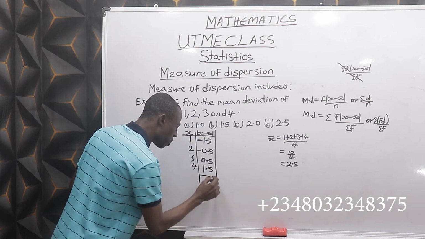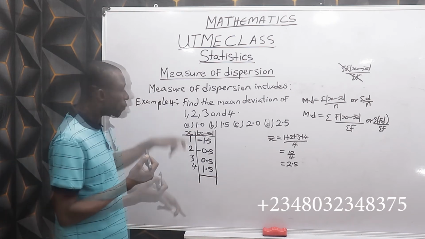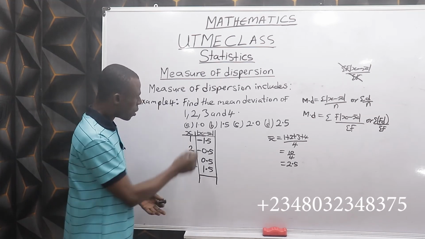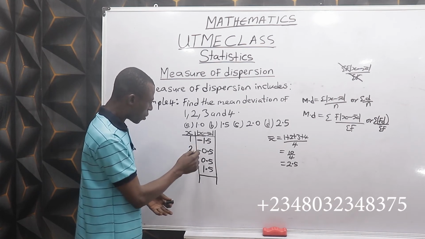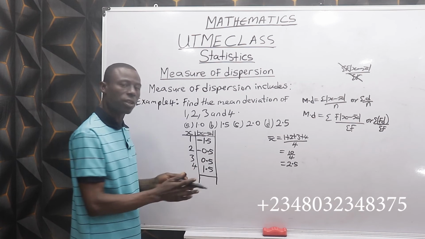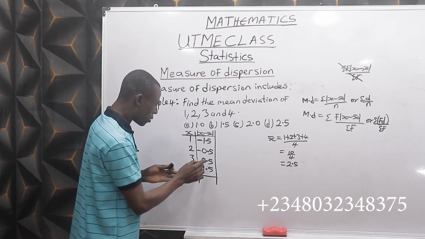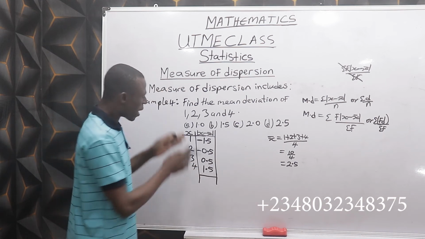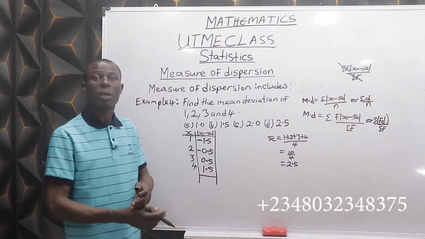And since it is the mean deviation we are to calculate, see what would have happened if we don't calculate them at absolute value. Let's add up. Negative 1.5 plus negative 0.5 gives us negative 2. 0.5 plus 1.5 gives us positive 2. Negative 2 plus positive 2 gives us 0. Therefore, your answer will be 0.